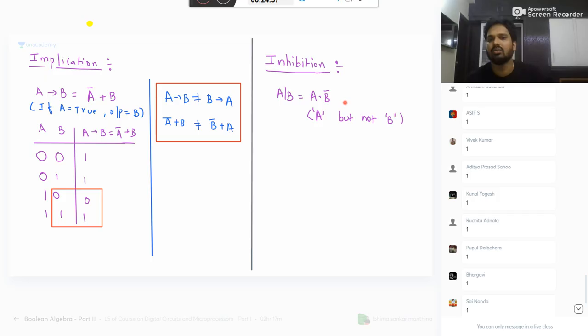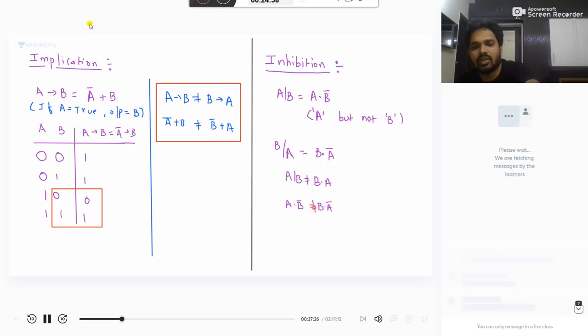A but not B. What is B inhibition A? It is B but not A. And you can say A inhibition B is not equal to B inhibition A. So it does not satisfy the commutative property.